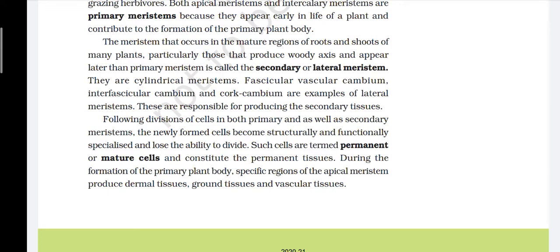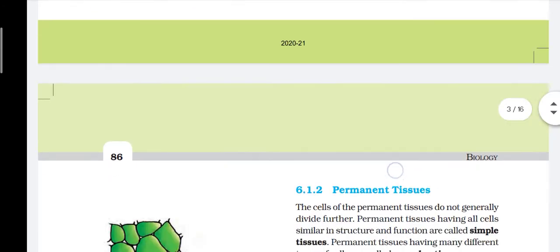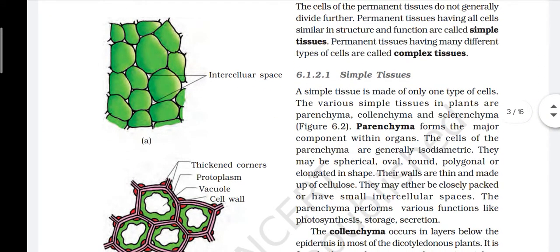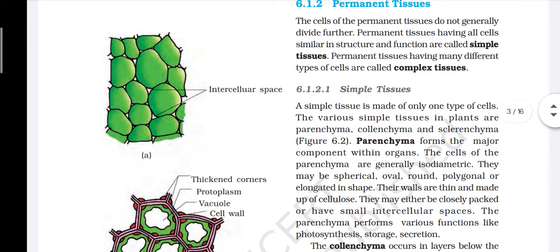During the formation of the primary plant body, specific regions of the apical meristem produce dermal tissue, ground tissue and vascular tissue. Permanent tissue. The cells of the permanent tissue do not generally divide further. Permanent tissue having all cells similar in structure and function is called simple tissue. Permanent tissue having many different types of cells is called complex tissue.